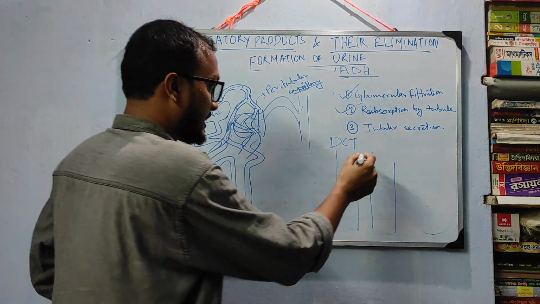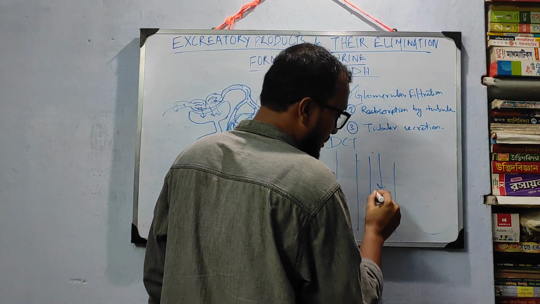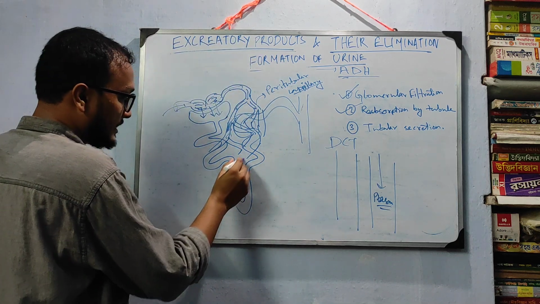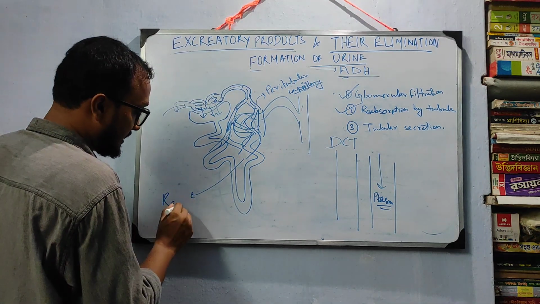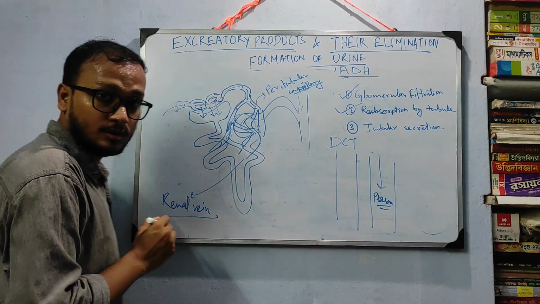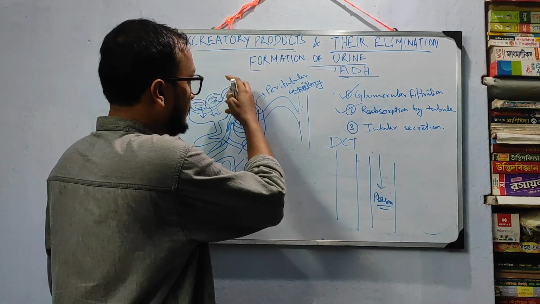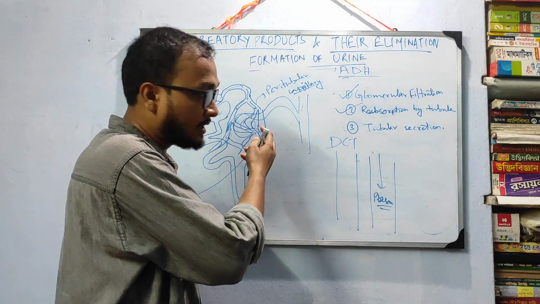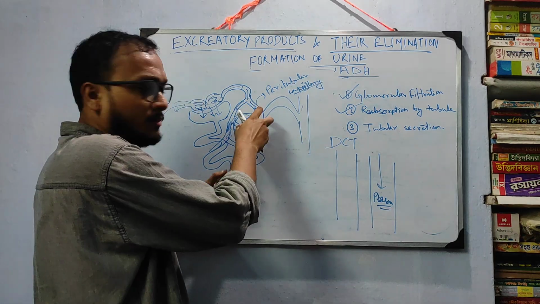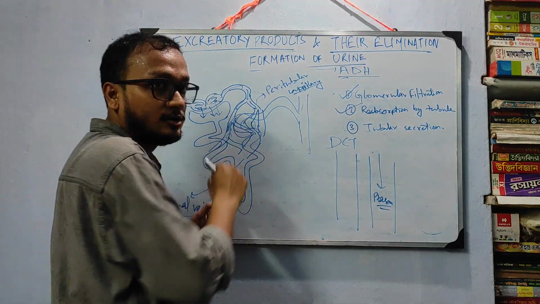The peritubular capillary, through which the plasma is going, will end up making the renal vein. So before blood enters the renal vein carrying all of those toxic products, there is a second chance that from the plasma they can enter into the DCT again.